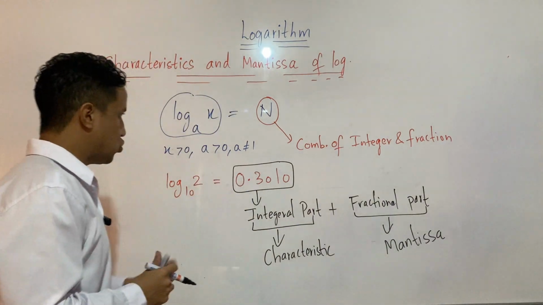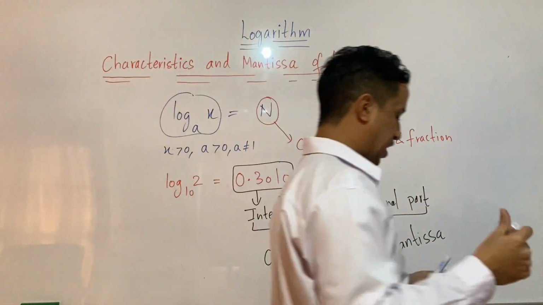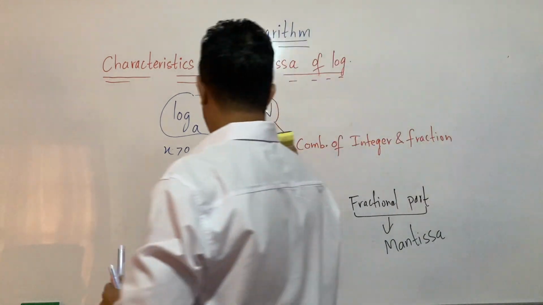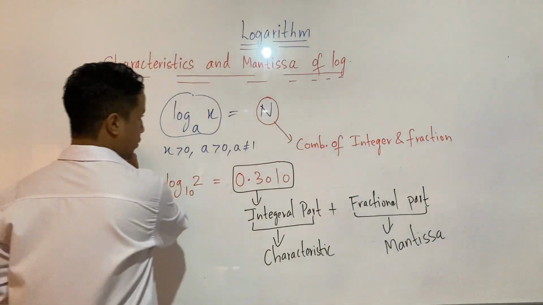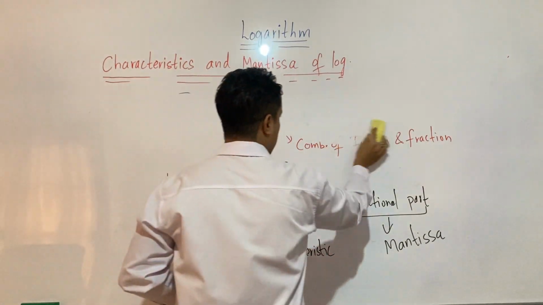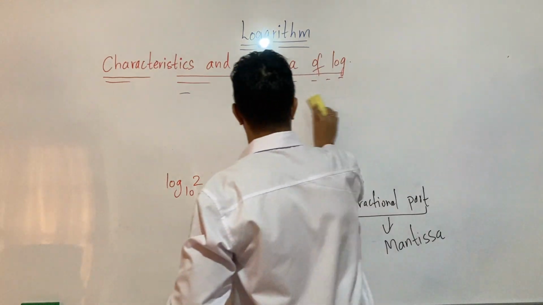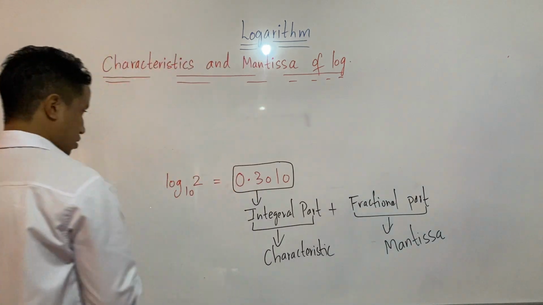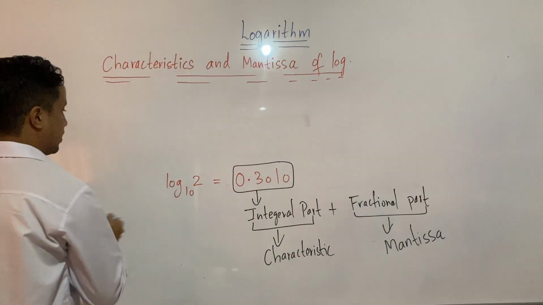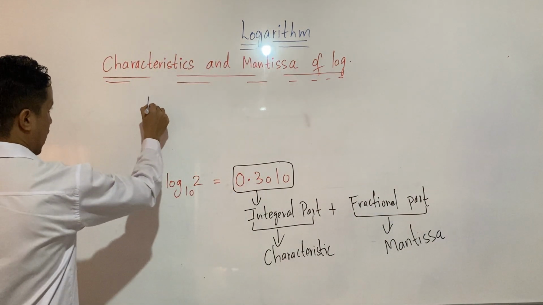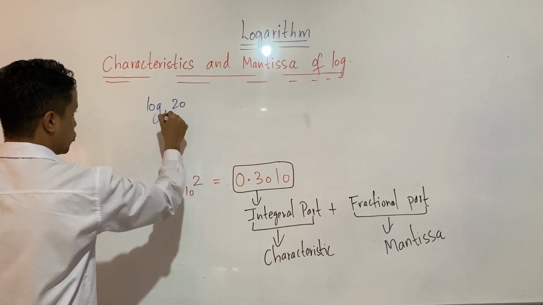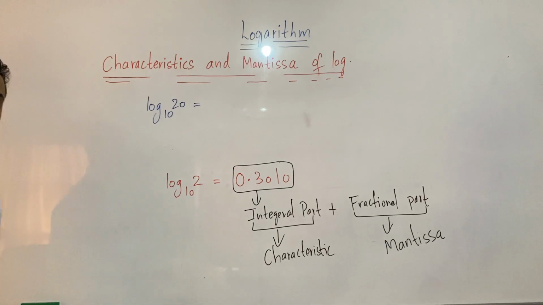Okay, so let's do one example here. You will have more clarity. What I will do here is I will just take log of 20 to the base 10, right?